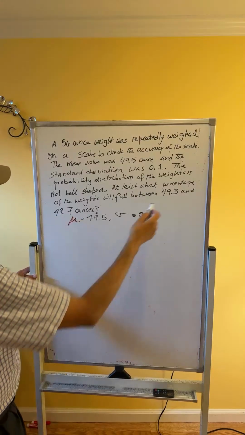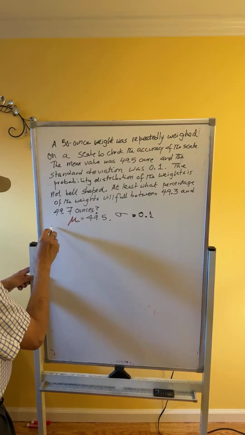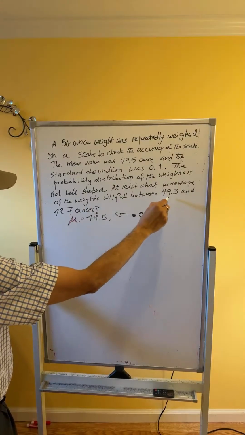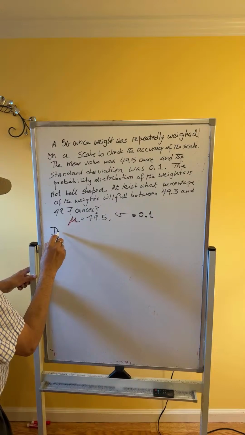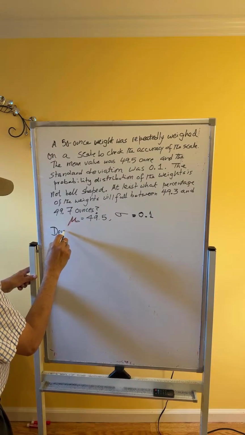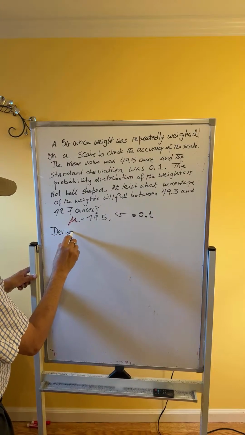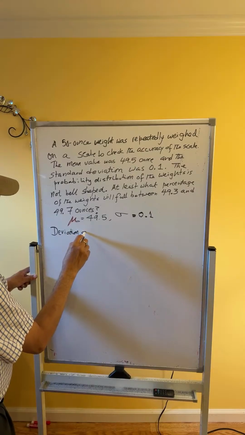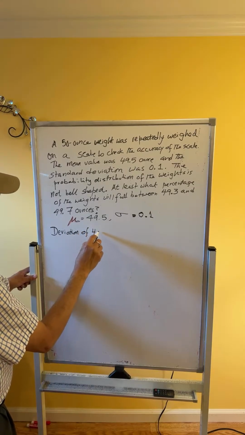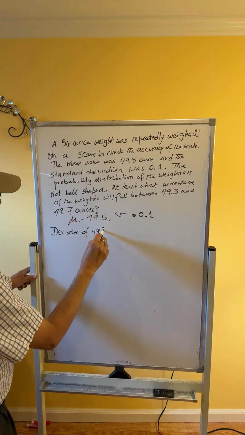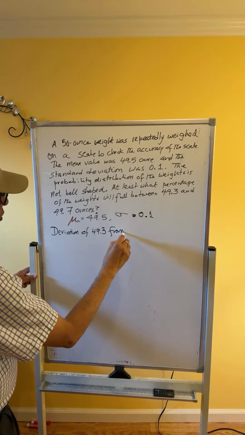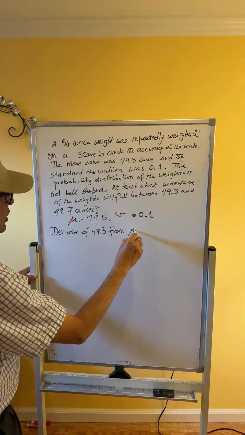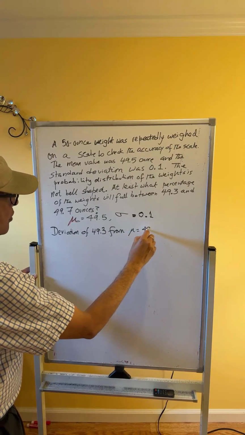So the first thing we will do is take the smaller weight, or lower boundary, and find the difference, which in statistics is called deviation, of 49.3 from mu 49.5.